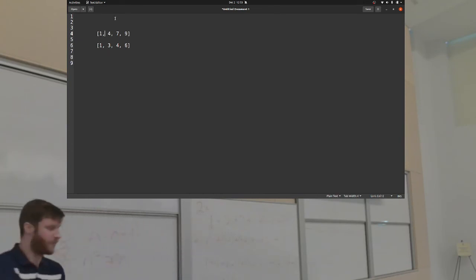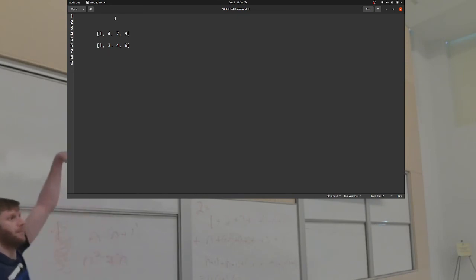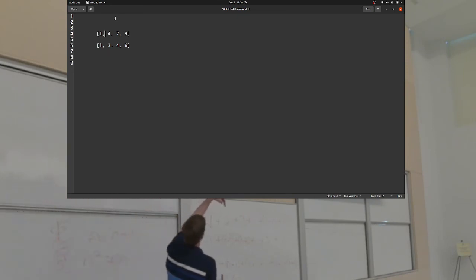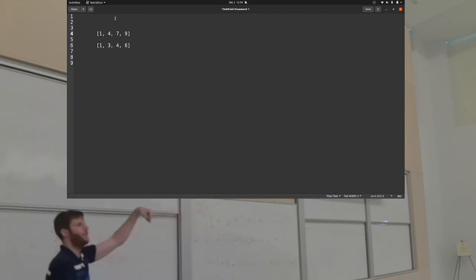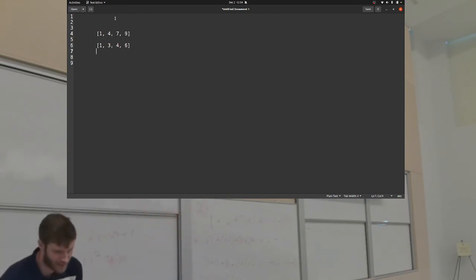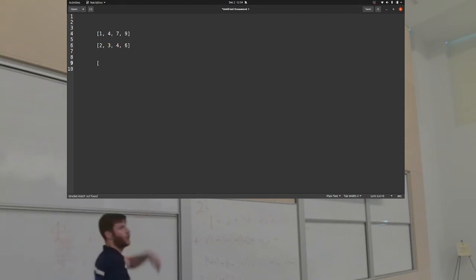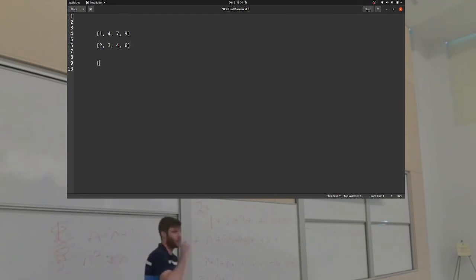I start with one finger on the top, one finger on the bottom. And I ask, 1 and 1, which number is smaller? You know what, for ease here, let's make that a 2. So I'm going to build a new list based on these two sorted lists. The lists have to be sorted. I'm looking at 1 and 2.